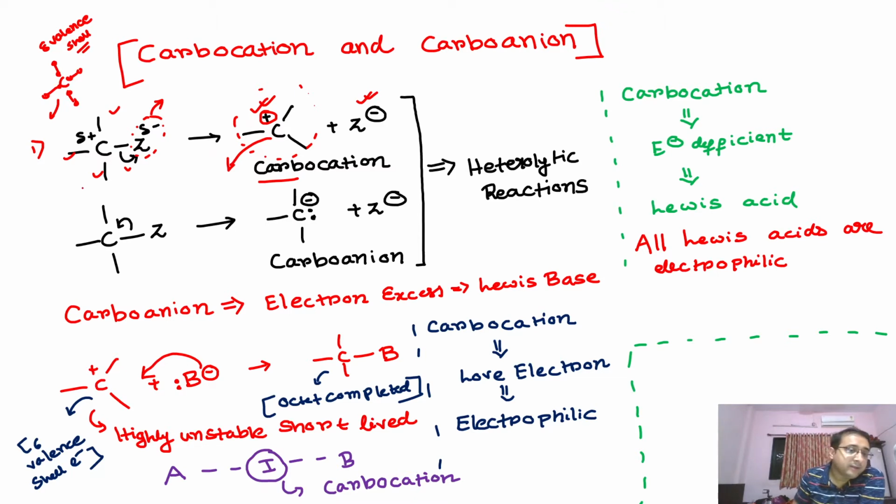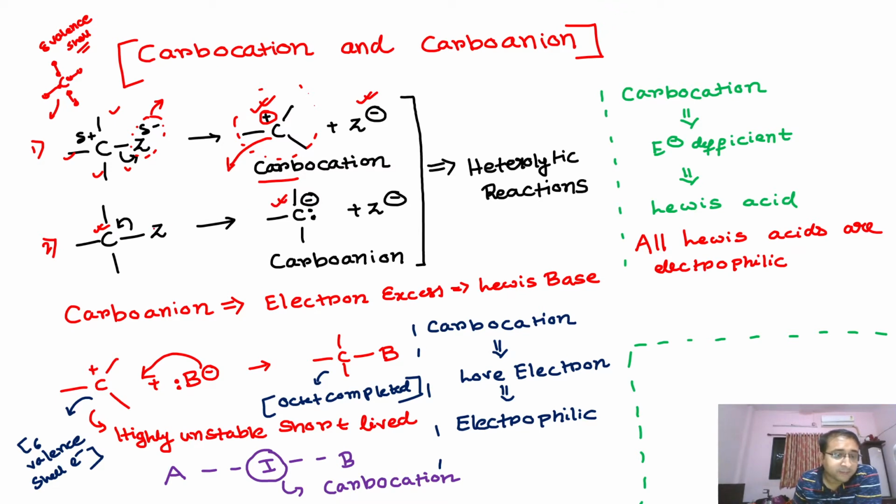Okay. Now in the second case, the carbon Z bond is broken in this case also, but the electrons associated with this carbon Z bond will come onto this carbon atom. So this carbon atom will now have excess electrons, and that's why it has a negative charge over it.